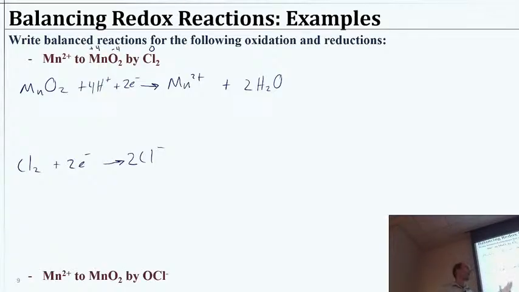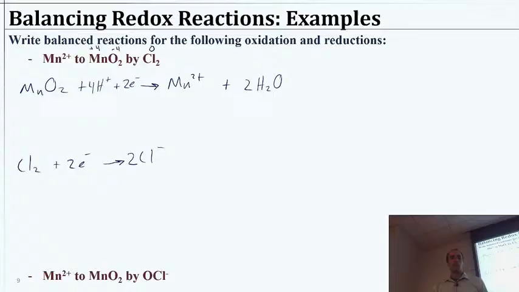Chlorine likes to be in Cl-, almost always in that form when it's hanging out in water. So Cl- is probably what we're getting. It's a good assumption when we do some sort of oxidation. So some sort of free active chlorine is probably going to Cl-, and we need 2 of those because we've got Cl2. Okay? So that's what I did.